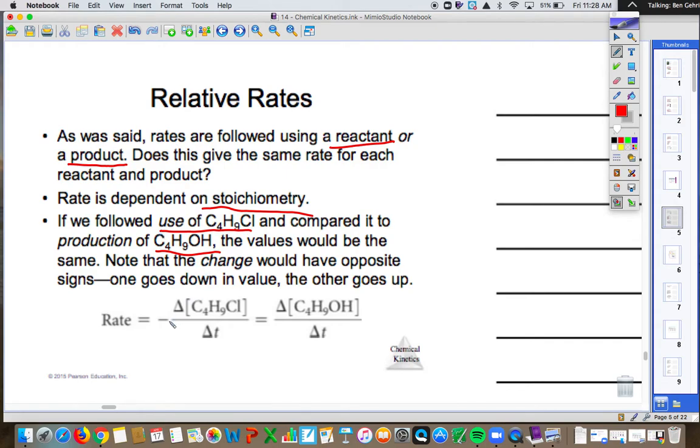So down here you see the negative, the drop in concentration for your 1-chlorobutane is the same as your increase in concentration of 1-butanol. And so one goes up, the other goes down because this one is being used up and this one is being produced. So your signs should match that information there.